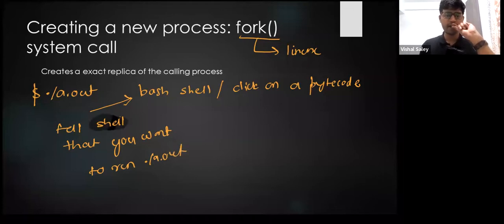Okay, let's understand it in a little more detailed manner. So here is your operating system, here you have your code a.out, and you want to tell your operating system that you want to run this a.out.